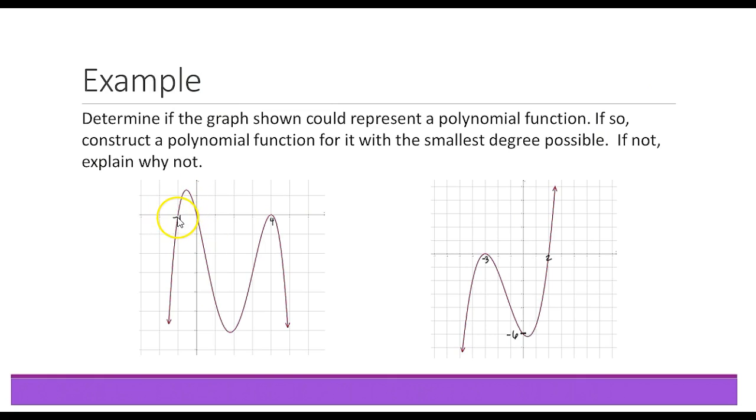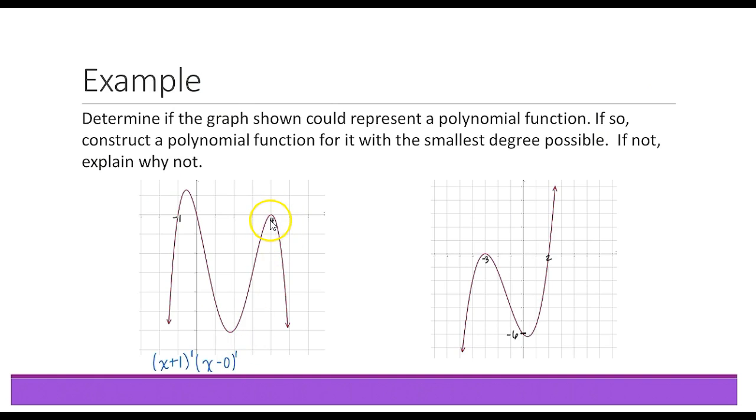Here -1 is an x-intercept, so the factor it comes from would be x plus 1, and because it just cuts through the x-axis there, its multiplicity would be 1. Then we have 0 as an x-intercept, so the factor it comes from is formally x minus 0, or just x, and it also cuts through the x-axis, so the multiplicity would be 1.